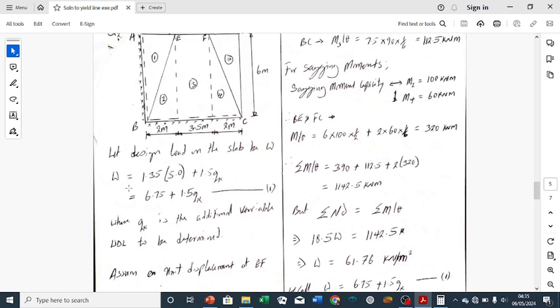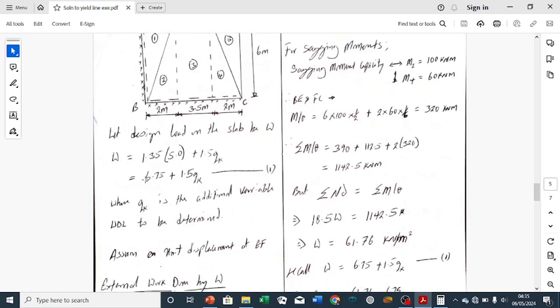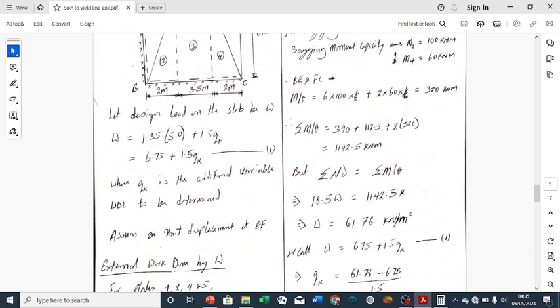So by doing this, we can now have that W is equal to 6.75 plus 1.5 QK. So once we are able to calculate W, which is our design load, we can come to this equation and calculate for QK, because QK is the additional variable action, the additional UDL to be determined.